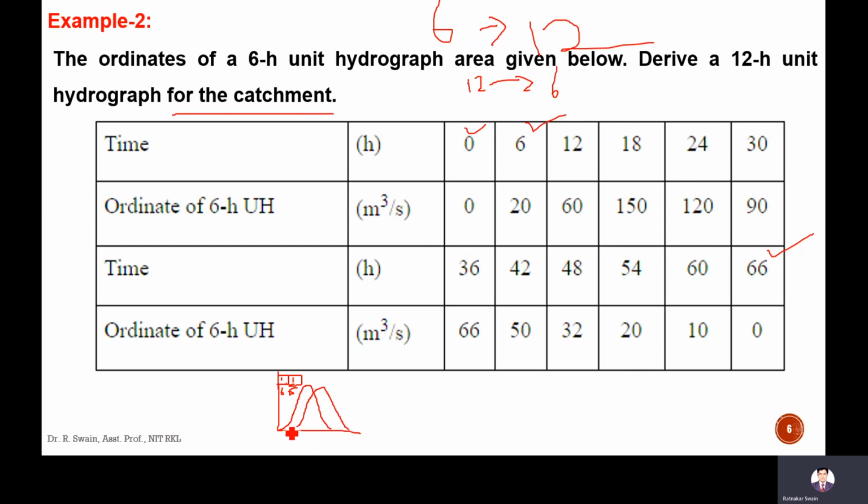Okay, so if we add the ordinates for different time steps, we will obtain not a unit hydrograph, but a DRH of 12 hour duration and 2 cm excess rainfall magnitude.